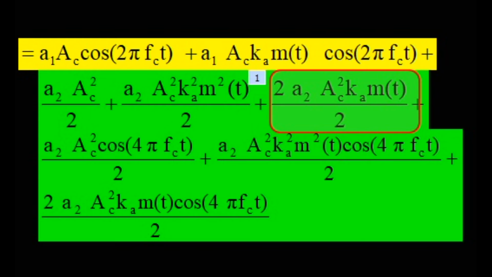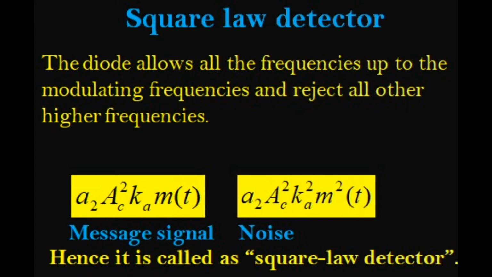Only the terms related to the frequency fm, that is the message signal m(t), are allowed. The output of the nonlinear device and low pass filter contains only the message signal and the noise with these expressions. Hence, this is called the square law detector.